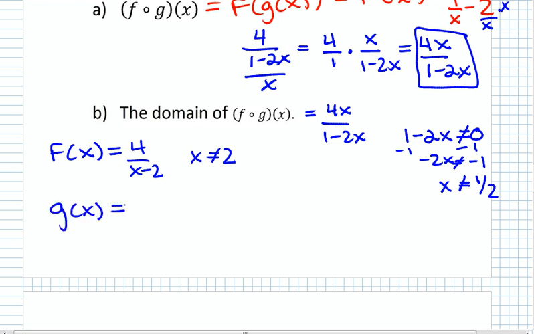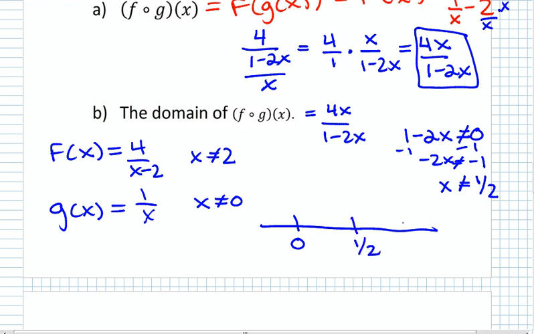Also, I have to consider the domain of g of x. And the domain of g of x is that x cannot equal 0. So when I'm talking about the domain of f of g of x, I consider all of these.